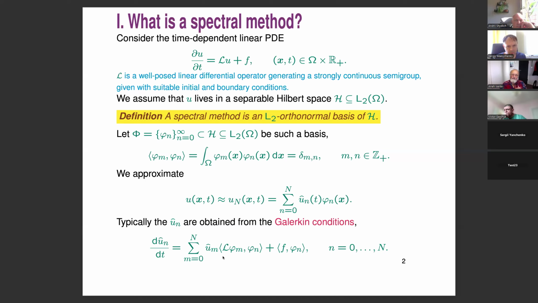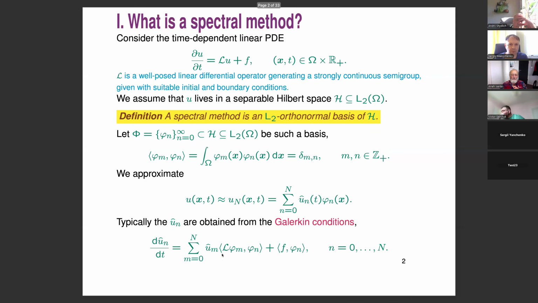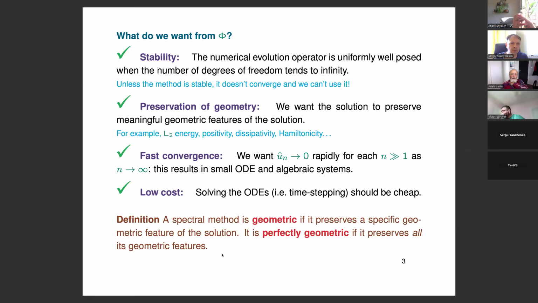And now the question is, what do we want from the spectral method? Essentially we want four different requirements, which sadly do not always point in the same direction. The first one is stability.